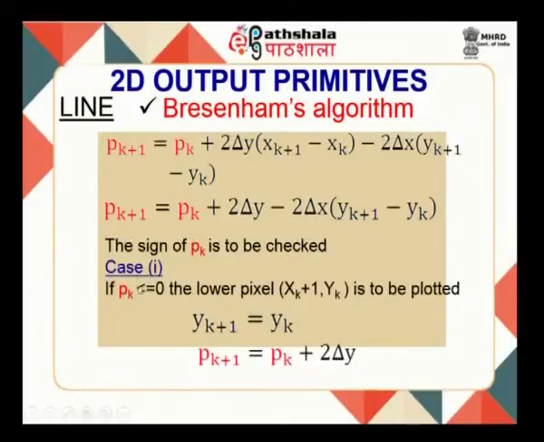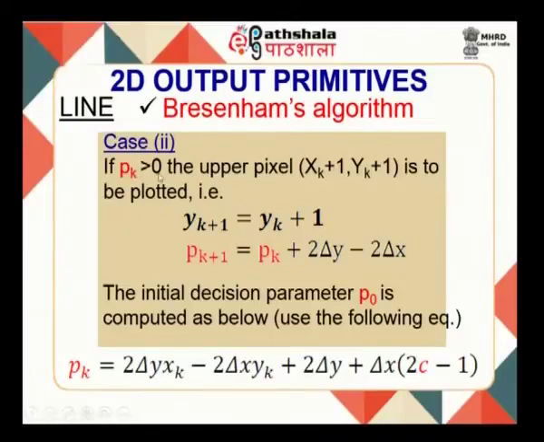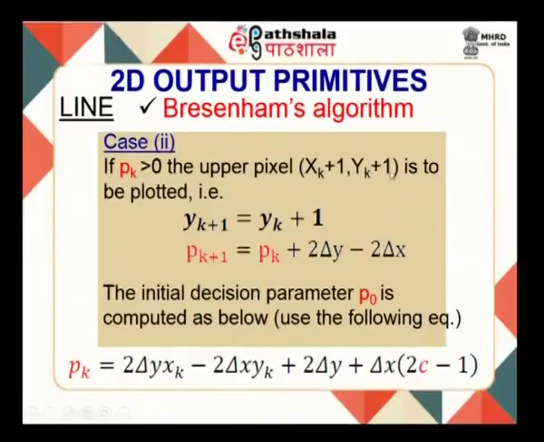In the previous case, we took the case less than or equal to 0. Now, p_k greater than 0, where p_k means D lower minus D upper, D lower minus D upper greater than 0, that means D lower is greater than D upper, that means choose the upper pixel for the y. So, this upper pixel is the y_{k+1} position and the next pixel to be plotted is (x_{k+1}, y_{k+1}).